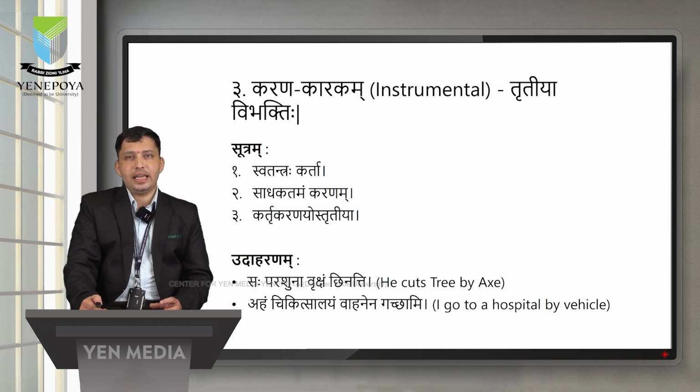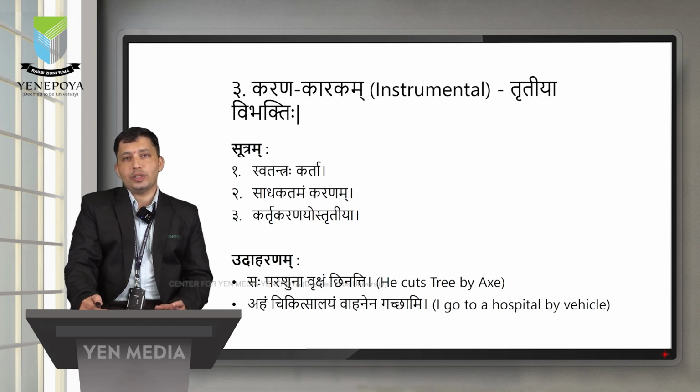It means that in a sentence, if an action is going on and that action is fulfilled or finished with the help of some tool, the word which represents the tool or instrument gets Karana Karaka. And the third one says Kartru Karanayoho Tritiya.